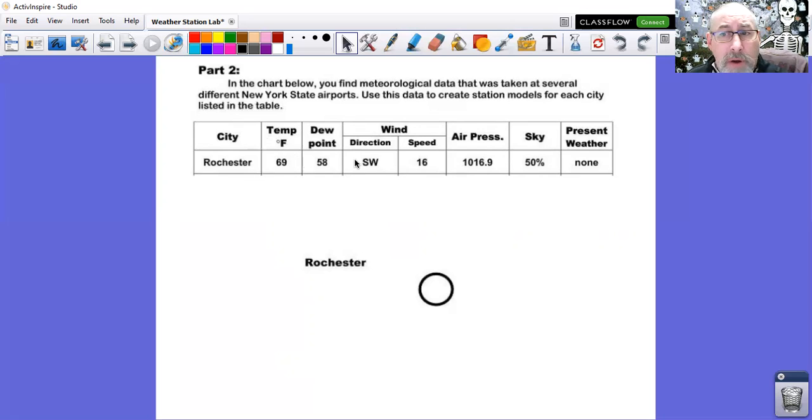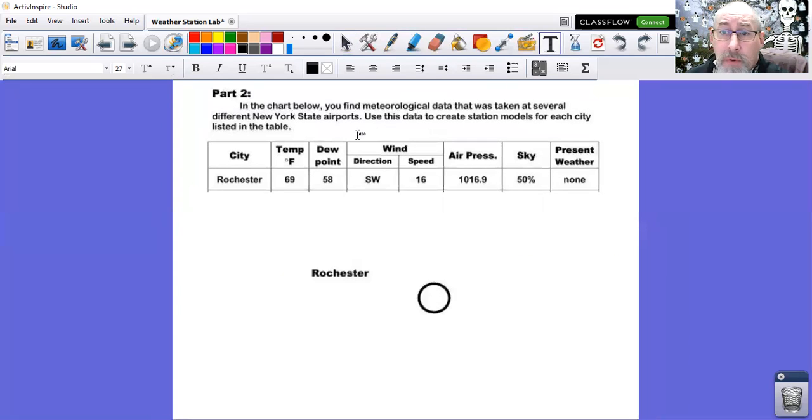We're just going to go across this and put them in right here on our little circle. So we know that temperature is always going to be this corner right here. So boom, temperature. We know that dew point is always the bottom right under temperature.